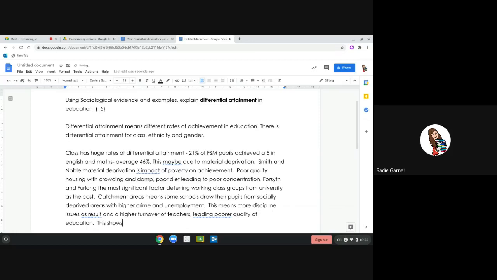This shows, must be at the end of the paragraph, this shows there is differential attainment in education with class.